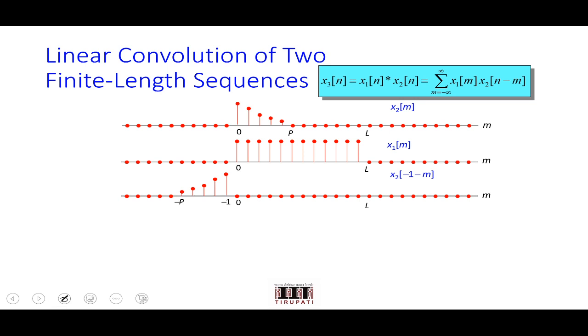Again, without loss of generality, let me consider that both sequences start at 0. Even if they don't start at 0, it doesn't matter, except that these indices would change. Other than that there won't be any problem.